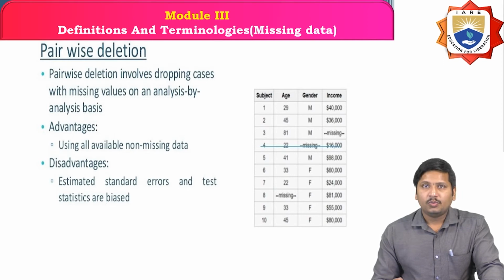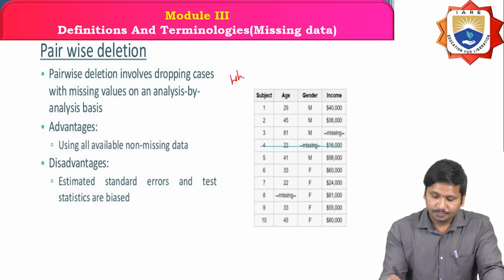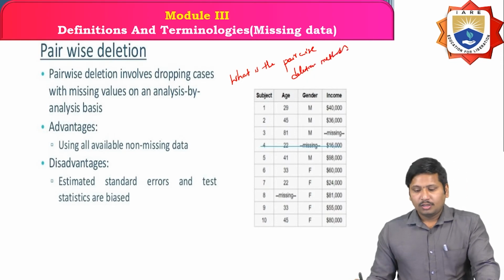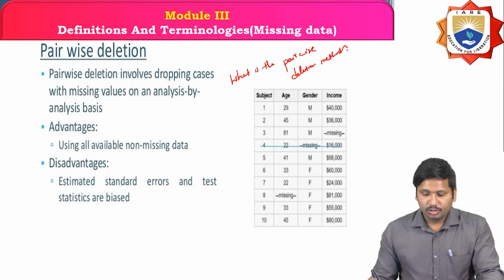And next, what is pairwise deletion is another question. According to this, it involves dropping cases with missing values on an analysis-to-analysis basis. So based on the analysis, the paired cases are deleted. What are the advantages of this?